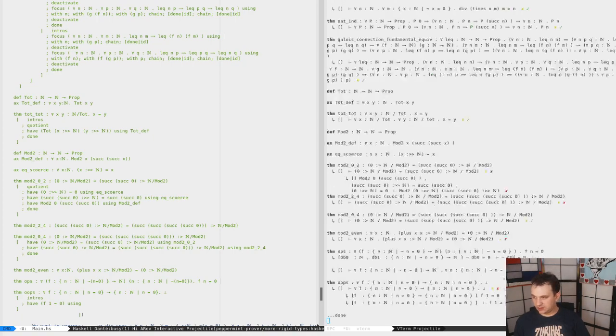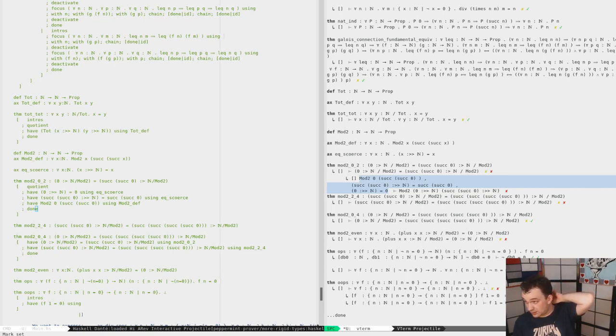No, it's perfectly correct. It should be. So I know all these equalities together necessarily imply this without knowing anything about anything else than equality and congruence closure, I think.